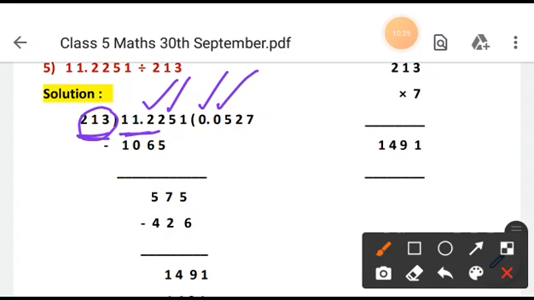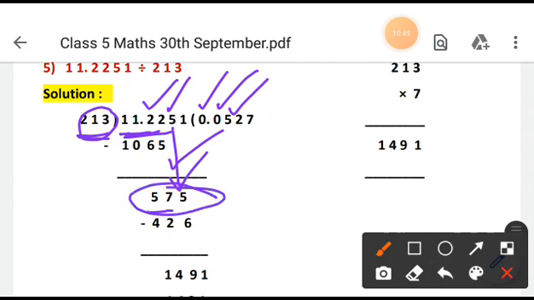So now you are multiplying 213 into 5, that is 1065. Then after that you subtract 1122 minus 1065. On subtraction you are getting 57. Now you need to bring down this 5 and you have 575.